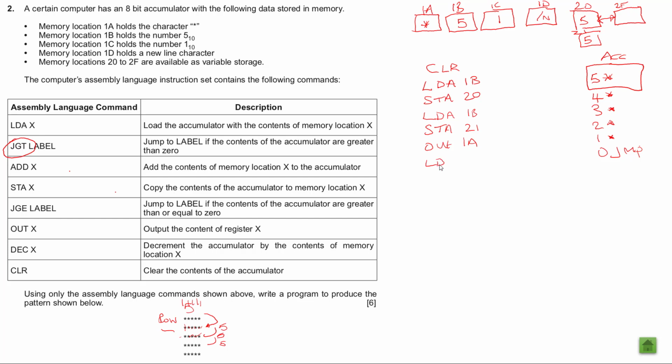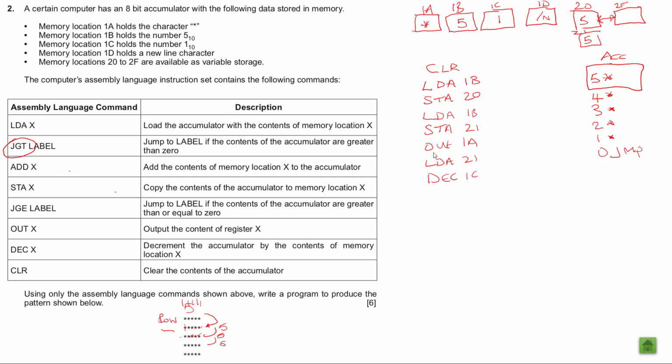We're going to load LDA 21. And then we're going to DEC 1C. Okay, let's have a look at why we're doing that. When we load 5 in, then we LDA 1B, that's in there, store 21, so we store the contents of the accumulator in 21.